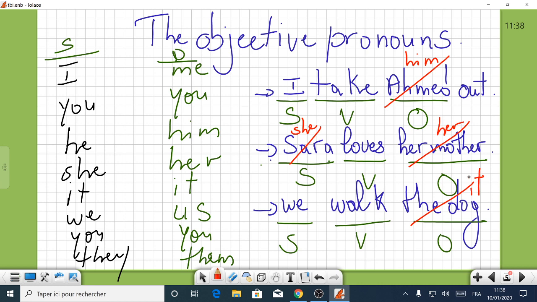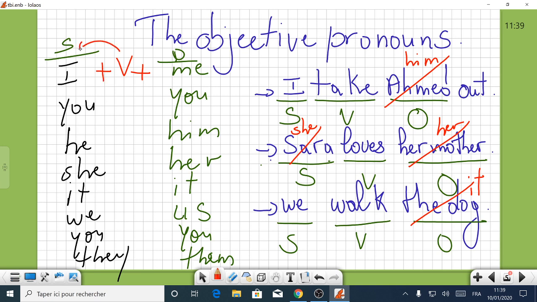So this is how we form the objective pronouns. So what is the idea now? We have subjective pronouns here, and I wrote them here to show you what the objective pronouns are from them. So this I becomes me. Normally we have a verb.